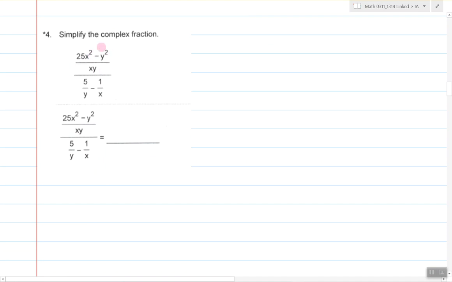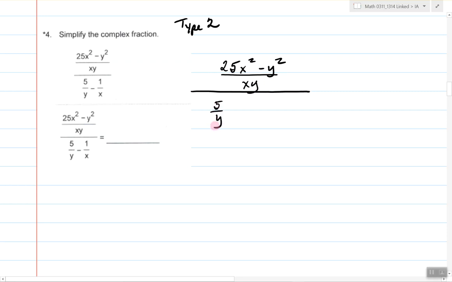I have a single fraction on top, but on the bottom I have two fractions, finding a difference, so this is type 2. So I'm going to write this expression down, 5x squared minus y squared over xy all over 5 over y minus 1 over x.